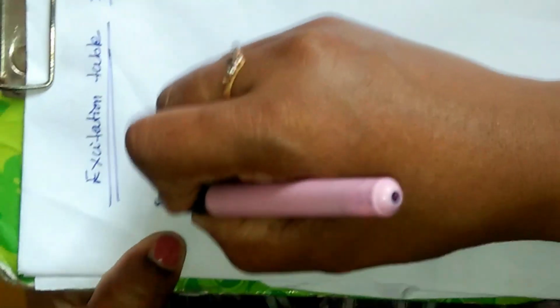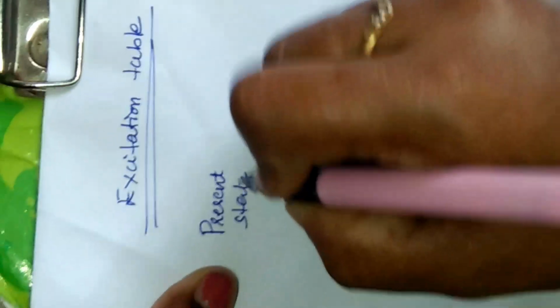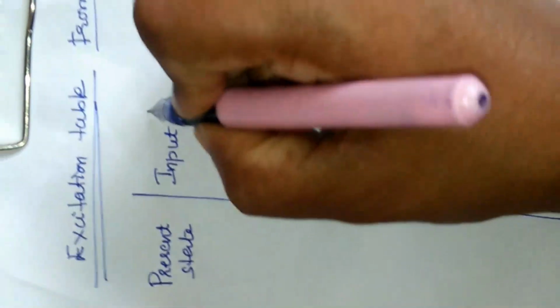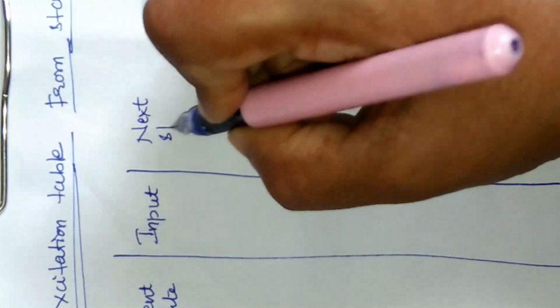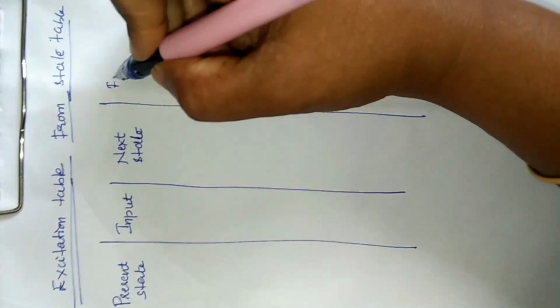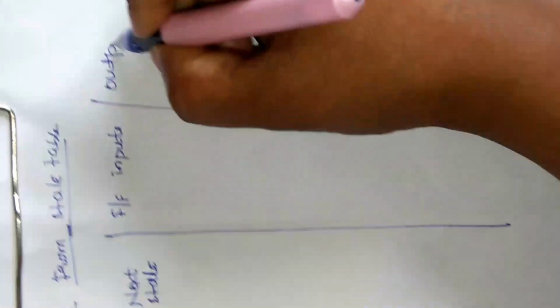So how do I fill this excitation table? You will have to have the present state, and then you have to have the input, then you will have to have the next state, and then the flip-flop inputs, and then your output.